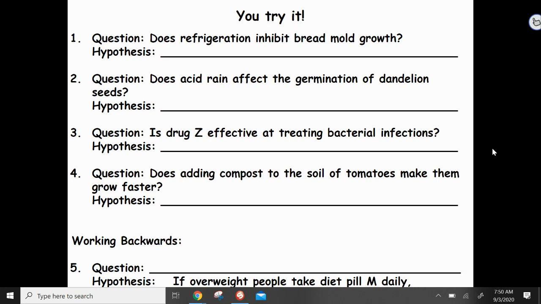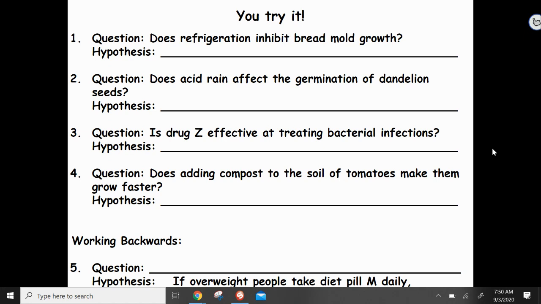All right, question 4. Does adding compost to the soil of tomatoes make them grow faster? If you don't know what compost is, it's all your food and eggshell waste and all that kind of stuff that gets put outside.